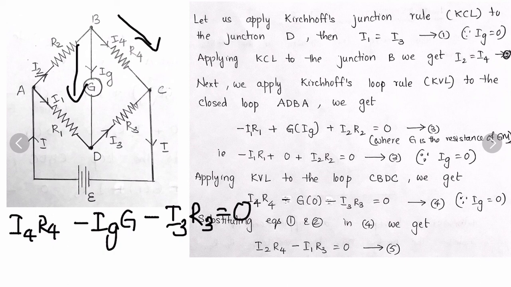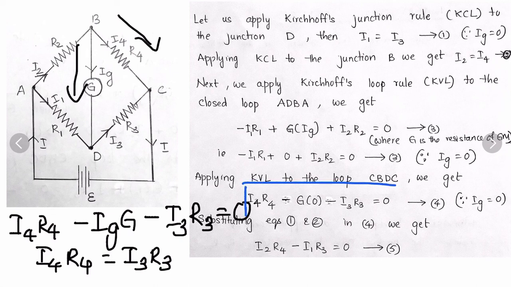But once again, Ig is equal to 0, therefore I4 R4 is equal to I3 R3. So this I have shown here, which I am marking with the blue rectangular box. This is equation number 4.